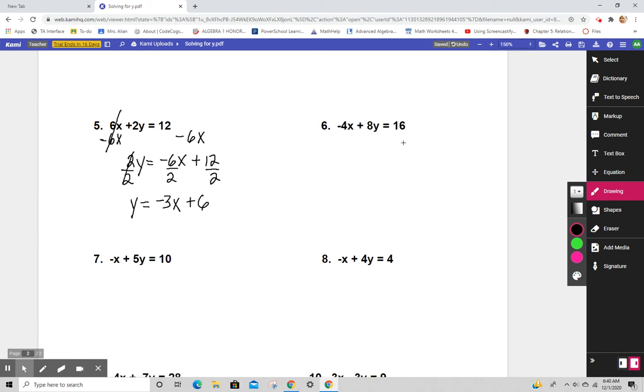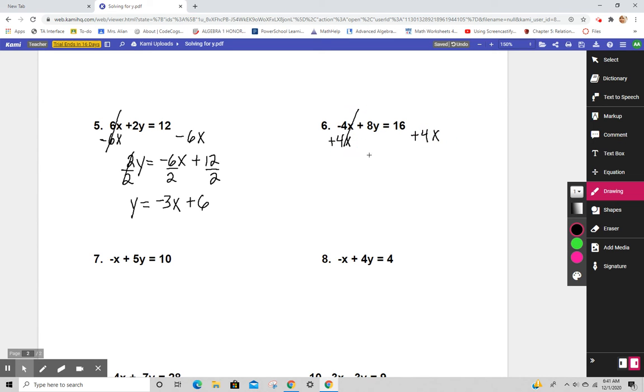All right, let's start number 6. Again, you're just doing inverse operations, okay, to solve for y. So let's go ahead and add the opposite of -4x. That would be +4x. So you're adding 4x to both sides.